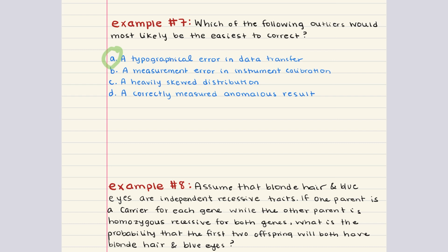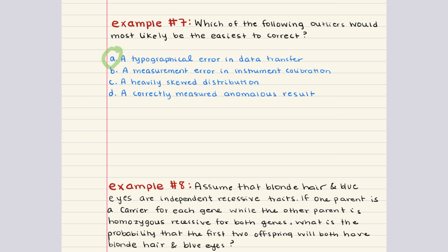C says a heavily skewed distribution. Now, this is not necessarily an error, but rather a characteristic of the data. And correcting or adjusting for skewness often requires statistical methods, such as transformations or identifying underlying causes of the skew. So this process is analytical and far more complicated than resolving a typographical error.